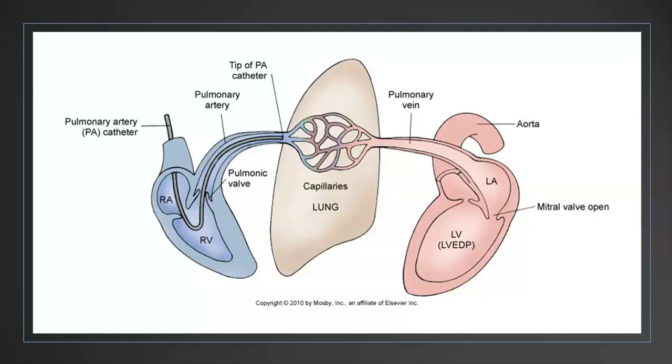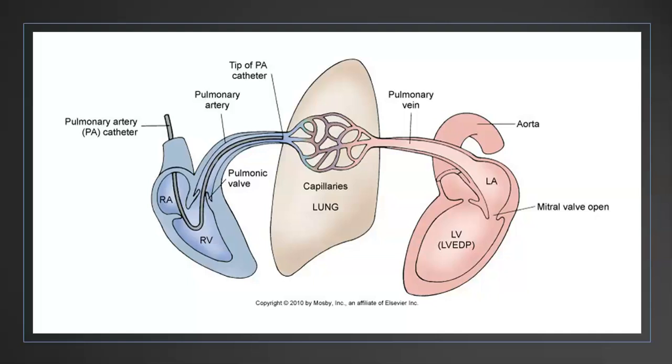So then we can use this number to indicate the preload or the fluid status of the right side of the heart, which is, remember that we monitor changes to the RAP or CVP during and after fluid boluses, okay? So this can provide us with that important information regarding that patient's fluid status.